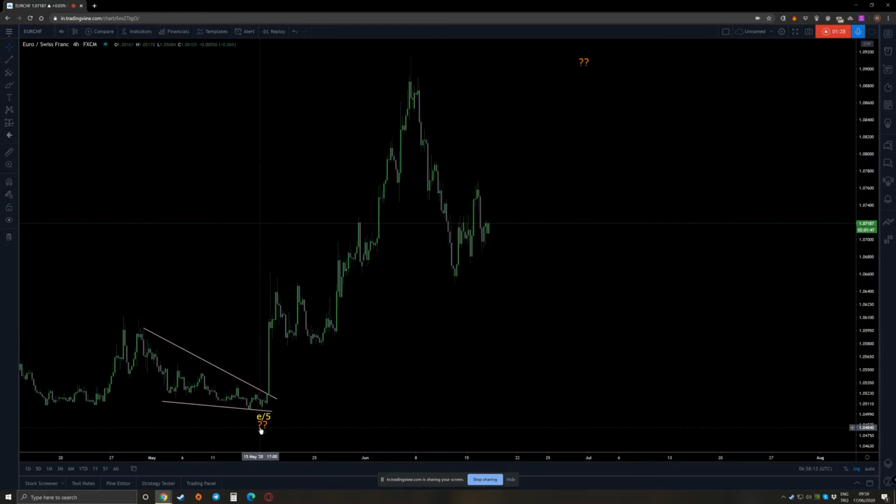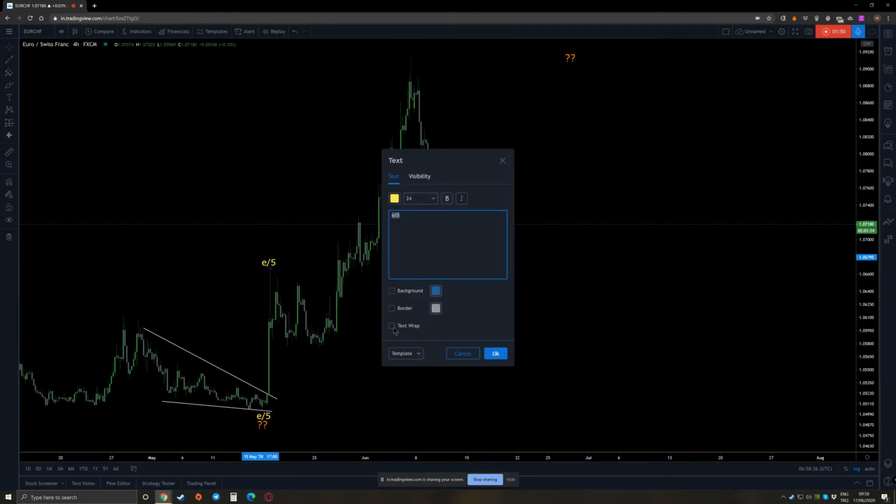Now, in order for me to find this orange degree, the one bigger degree, what I need is one lower degree, which is our main degree, and it's in yellow. So let's try to identify what kind of move we had here. It looks to me like this is not an impulsive move, so there is no point for me to do 1, 2, 3, 4, 5.